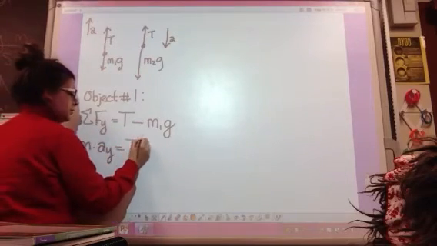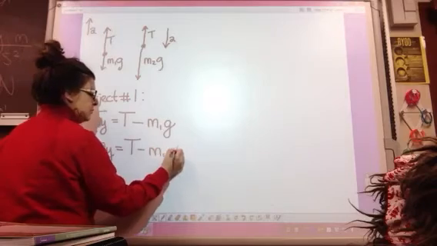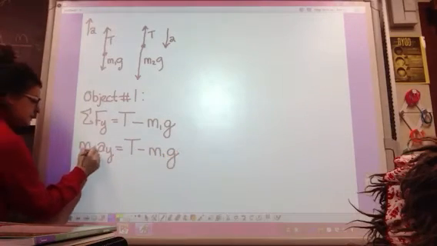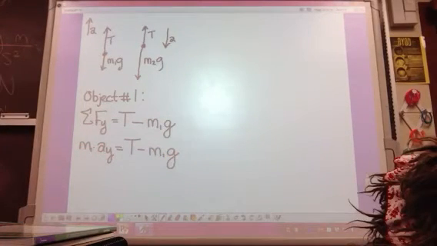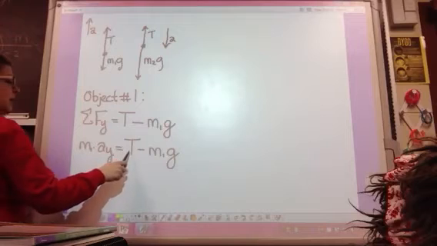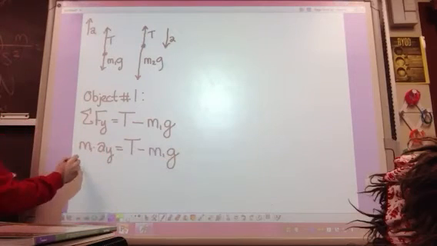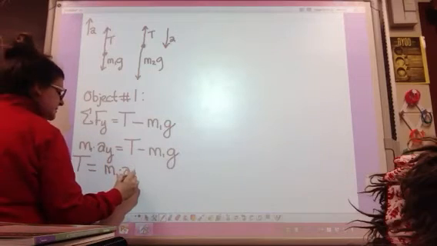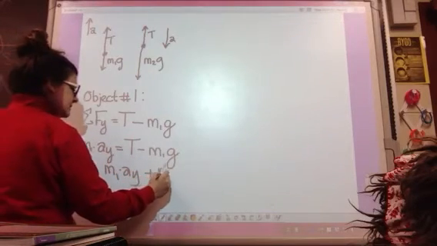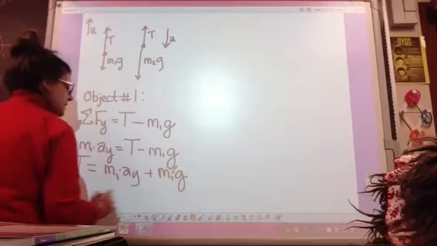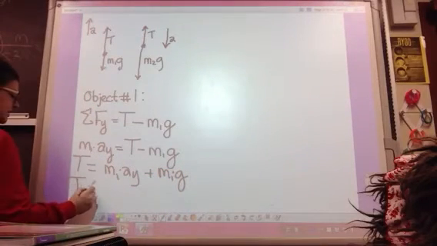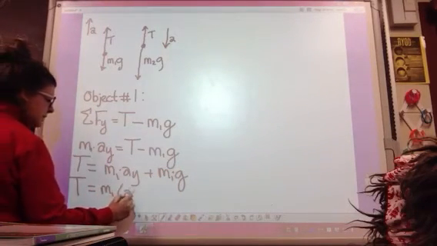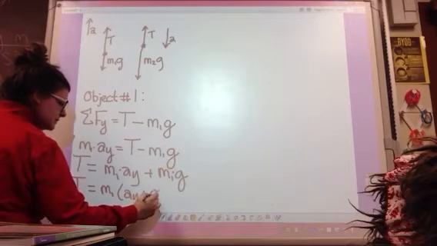That's going to equal tension minus m1g, and let's designate that's also m1. So let's rearrange this so that we have tension is equal to these things. So tension here would equal m1 times acceleration in the y direction plus m1 times g, which is the same thing as saying m1 times (ay plus g).